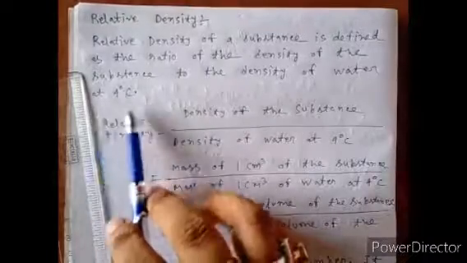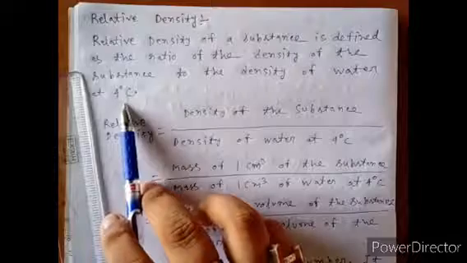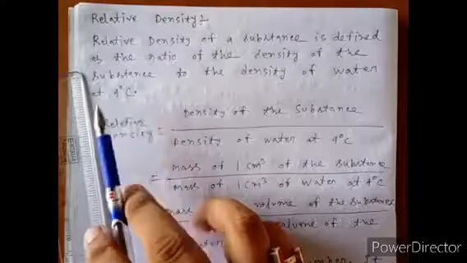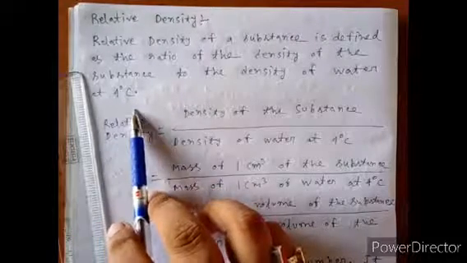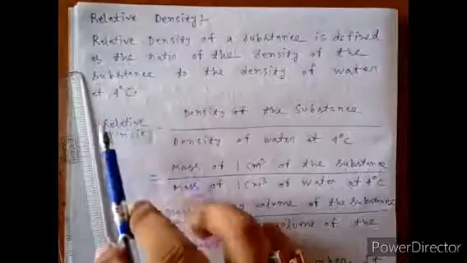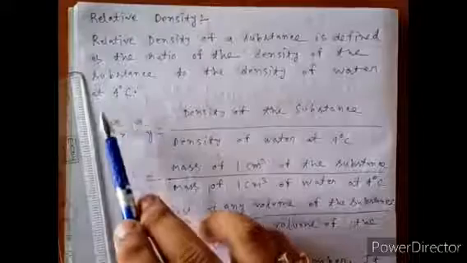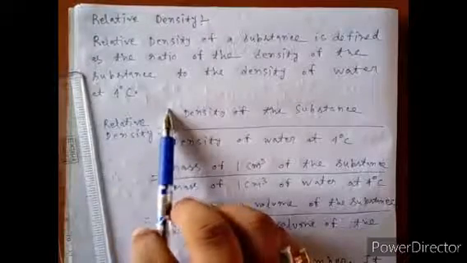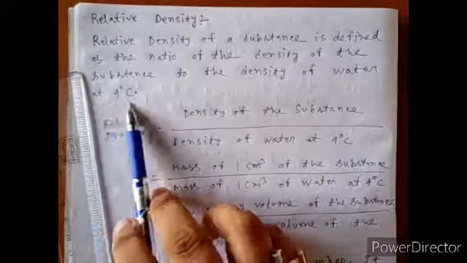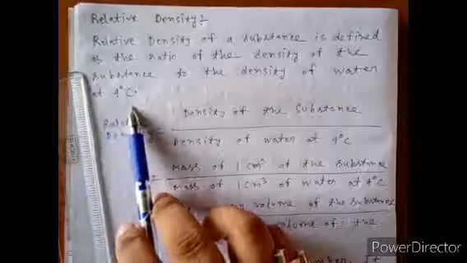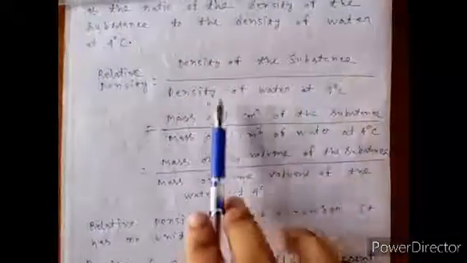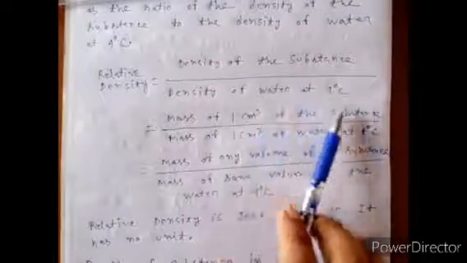The question may arise because the density of water at 4 degrees centigrade is maximum, which is 1 gram per cm cube. We have already taken the density of water in the earlier discussion as 1 gram per cm cube, but that is at 4 degrees centigrade. Now relative density is given by the density of the substance divided by the density of water at 4 degrees centigrade.